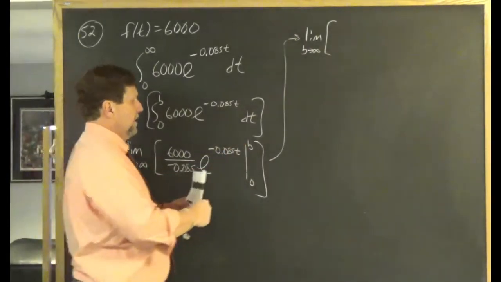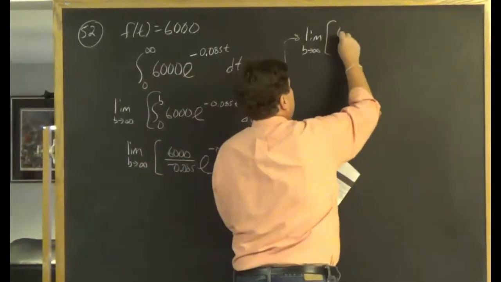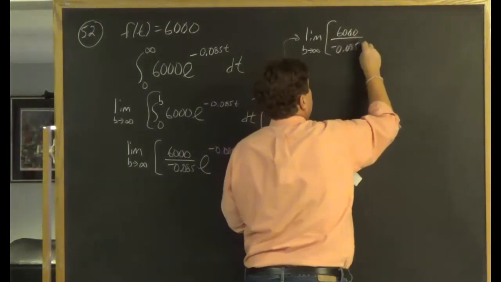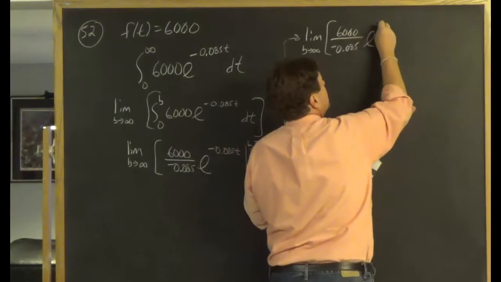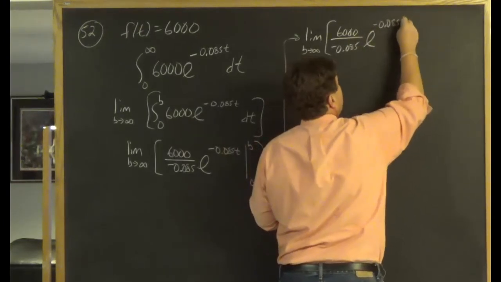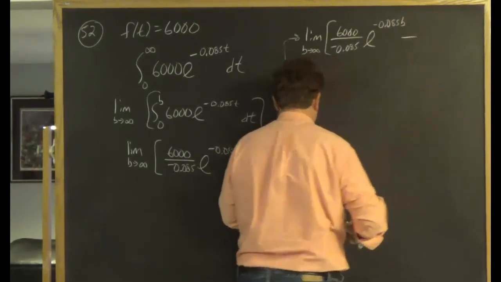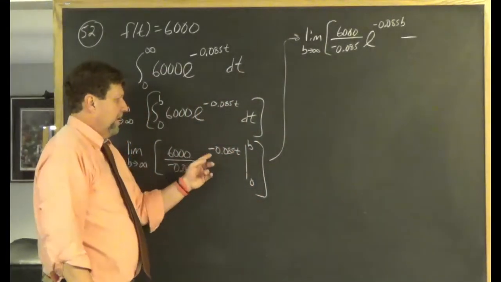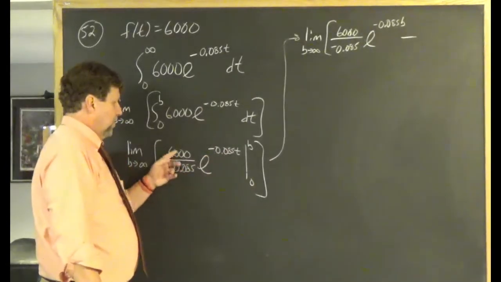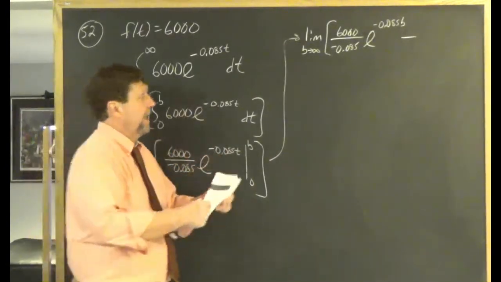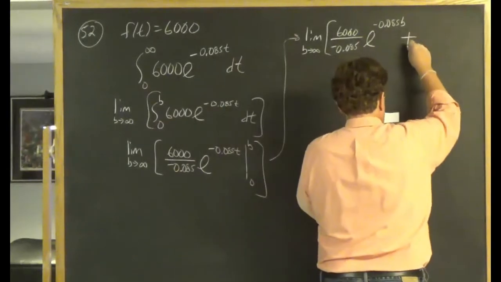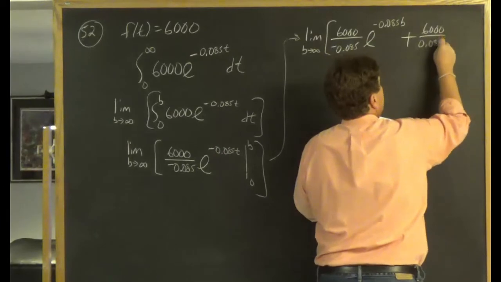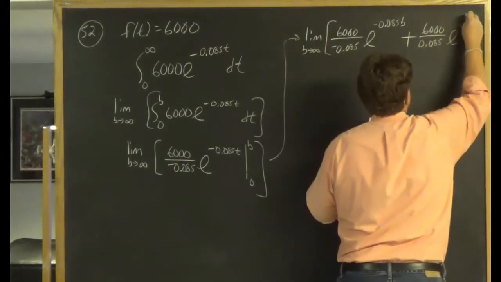Put the b in, you get 6,000 over negative 0.085 e to the negative 0.085 b minus, now the 0 goes in, so the exponent becomes 0. This quotient's negative, so minus a negative is plus 6,000 over 0.085 e to the 0.